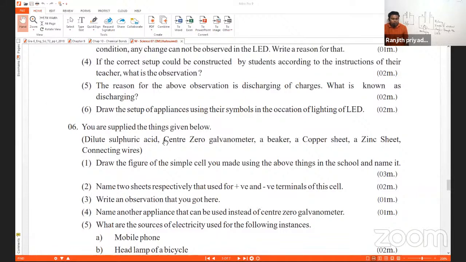You are supplied the things given below: dilute sulfuric acid, a center zero galvanometer, a beaker, a copper sheet, a zinc sheet, connecting wires. When we see the apparatus, we understand what this is about. Draw the figure of the simple cell you made using the above things in school and name it.